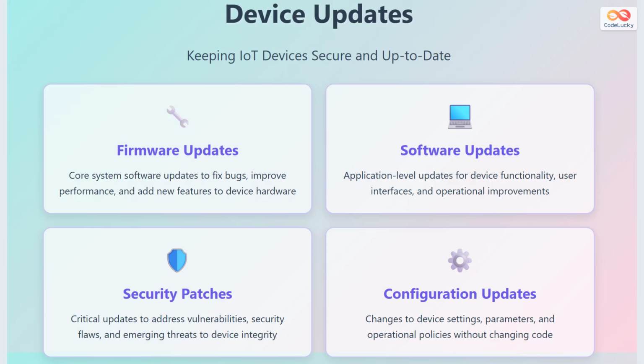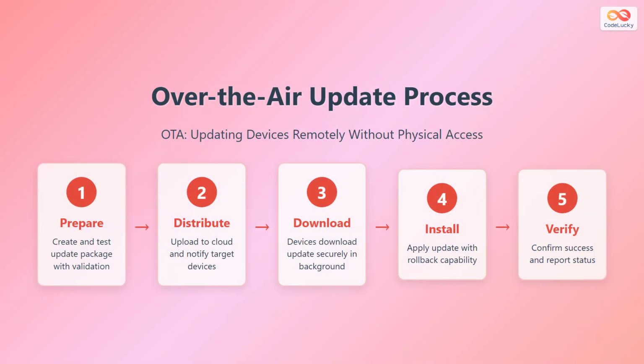Over-the-air updates, or OTA, enable you to update devices remotely without physical access. The process follows 5 key steps. First, prepare the update by creating and thoroughly testing the update package with proper validation. Second, distribute the update by uploading it to the cloud and notifying target devices.